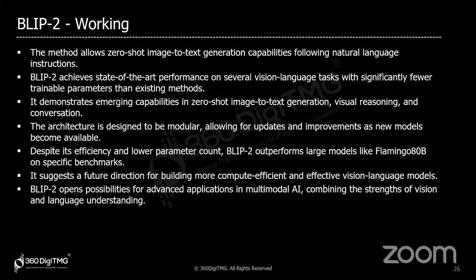Then there is how BLIP-2 works. This method allows zero-shot image-to-text generation capabilities from natural language instructions. BLIP-2 achieves state-of-the-art performance on several vision-language tasks with significantly fewer trainable parameters than existing methods.